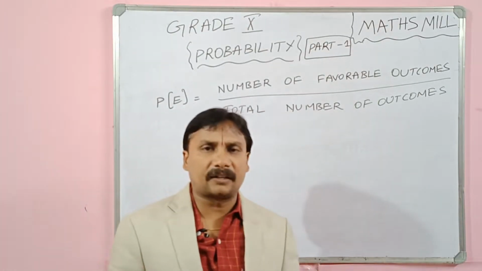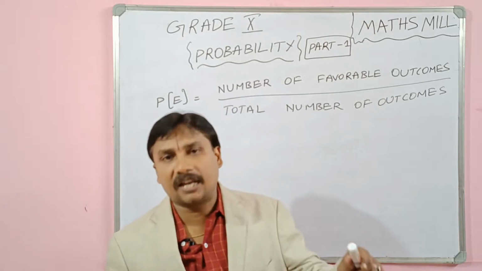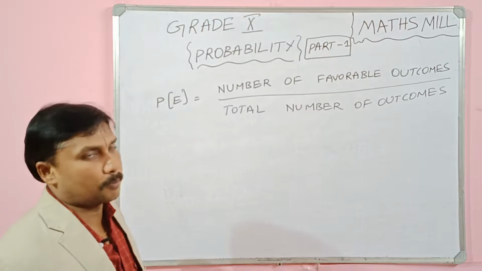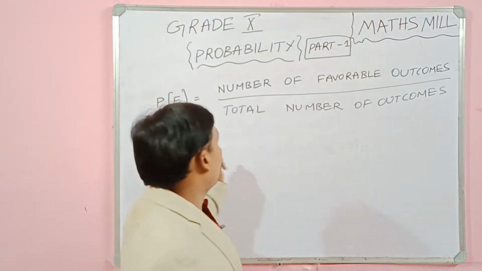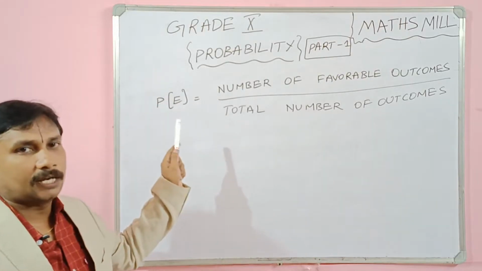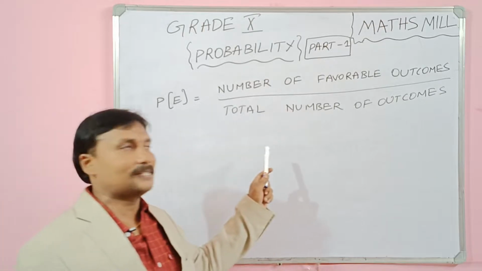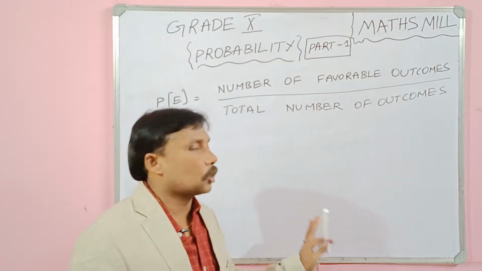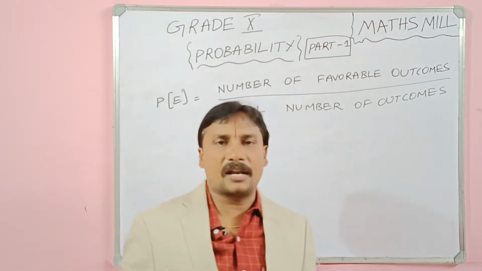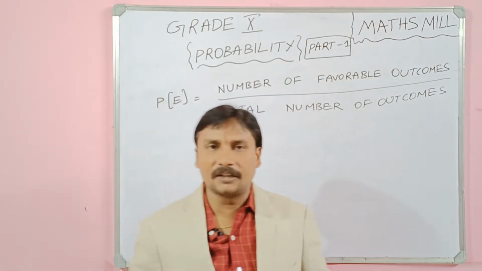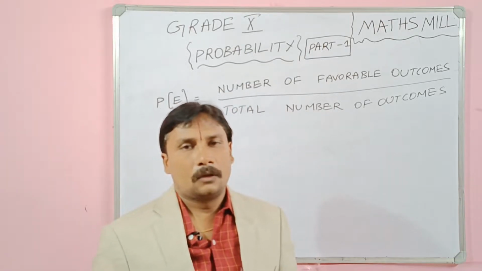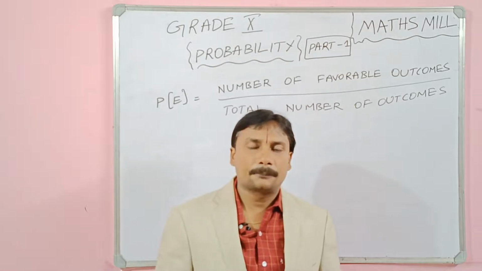Especially from the examination point of view for 10th grade, I am going to teach this probability lesson. First of all, probability of an event E is the number of favorable outcomes divided by the total number of outcomes. A simple example: you all know about cricket, right?